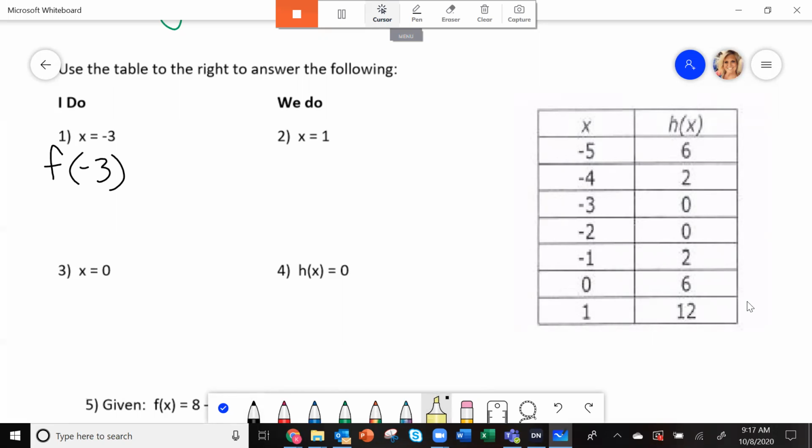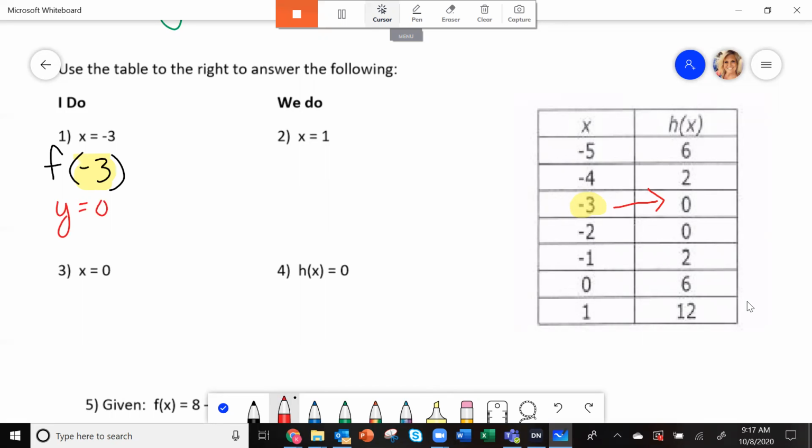What that is saying is, when my x number is -3, what is my y value? Well, look over here in the table. When your x number is -3, what is your y value? Right across here, it says 0. And so I've got y equals 0.